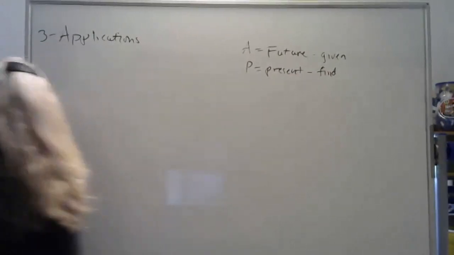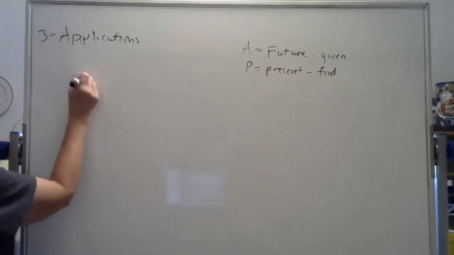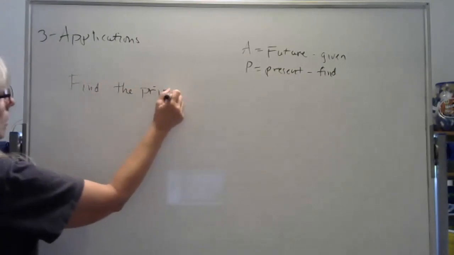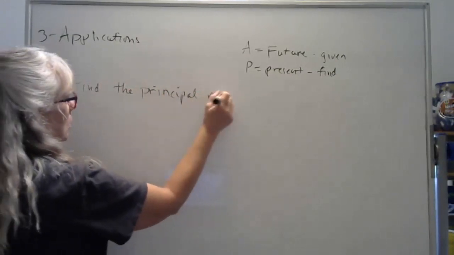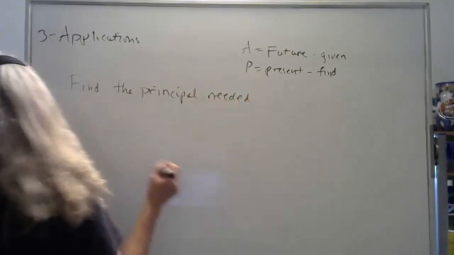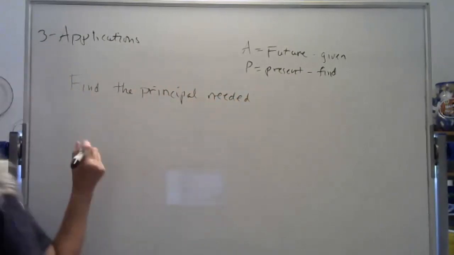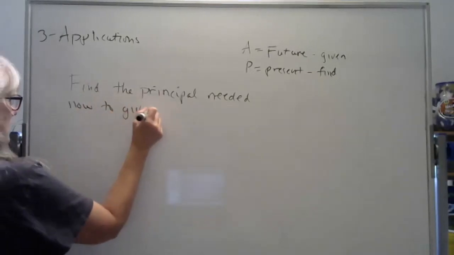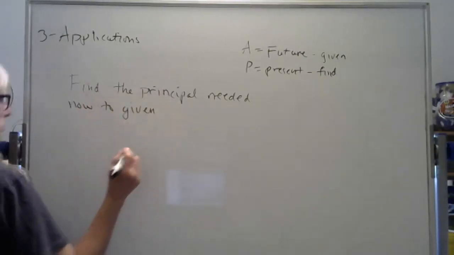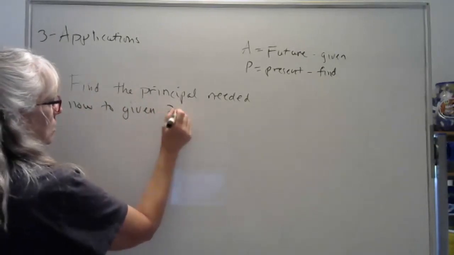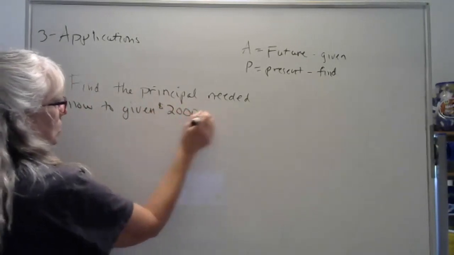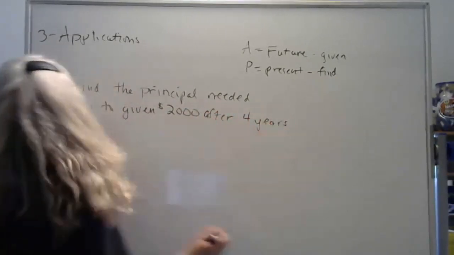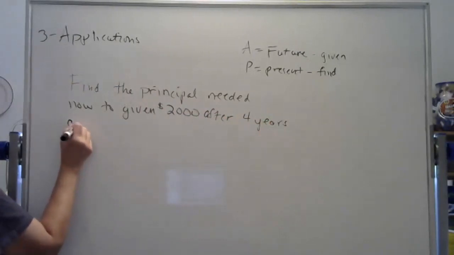Okay, so I'm going to use their wording. So let's find the principal needed now to give, and now I'm just making the numbers up, $2,000 after 4 years, compounded quarterly.